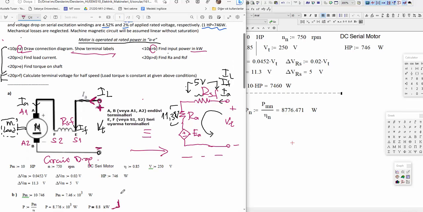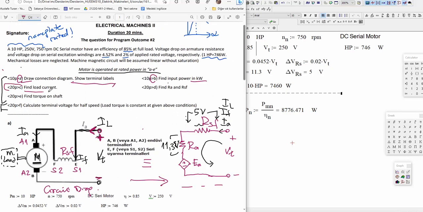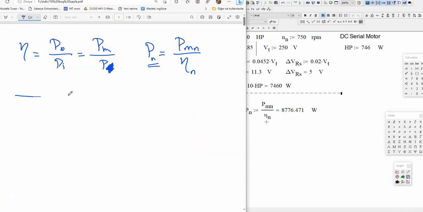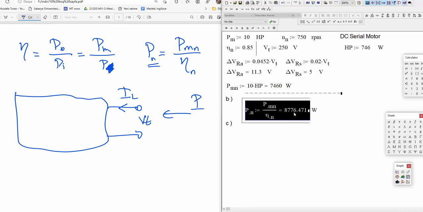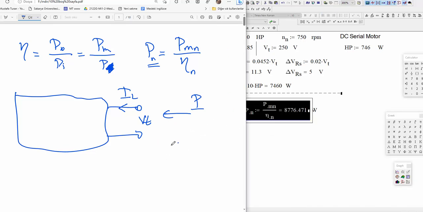that's it. In question C, find the load current. Here is the circuitry. You have applied terminal voltage. It draws some load current. And here is some input electric power, and we have just calculated it for rated conditions.